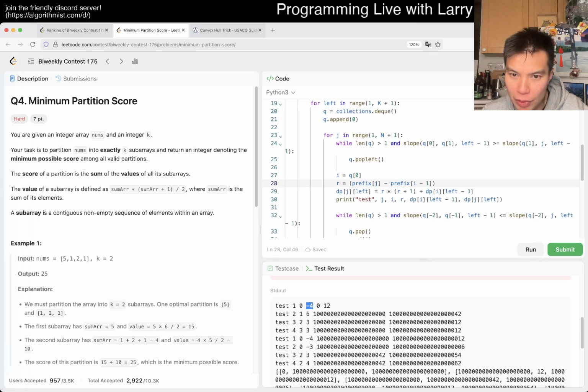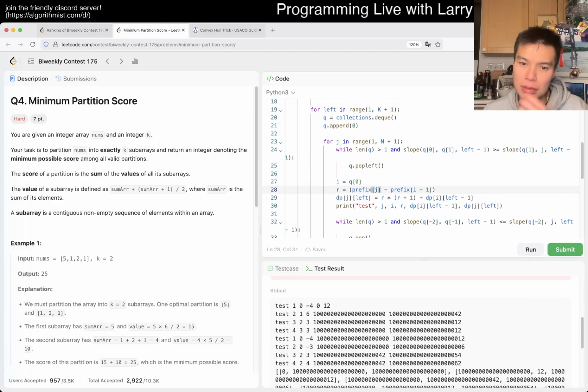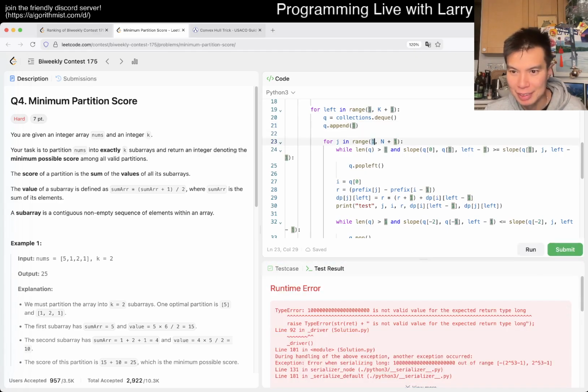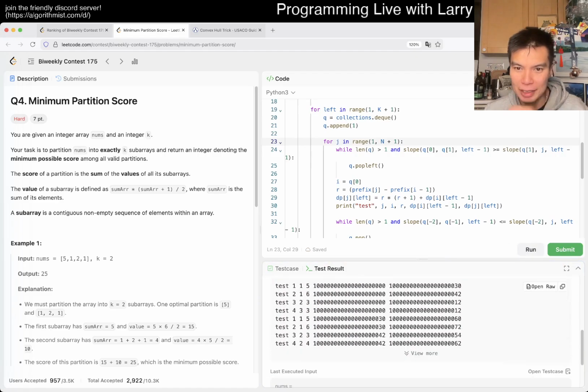R is -4. J is 1 minus I, which is 0. I is wrong because, what are you doing? What is going on here? Now I'm struggling with all the off-by-ones, honestly.